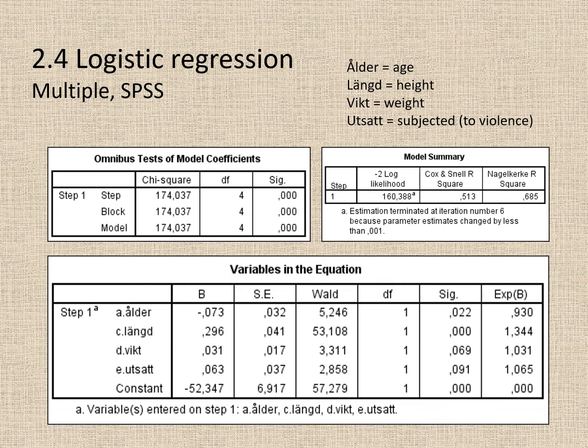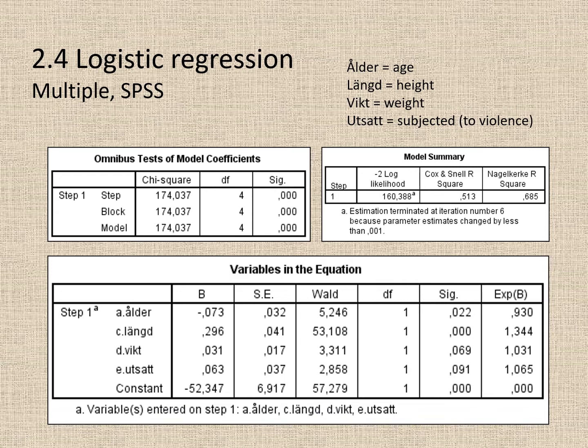For every increase in age by 1 year, the odds of being a man decreases 7%. Exactly. Given that everything else is kept constant. So the men are younger. Exactly. They're slightly younger in my data set.